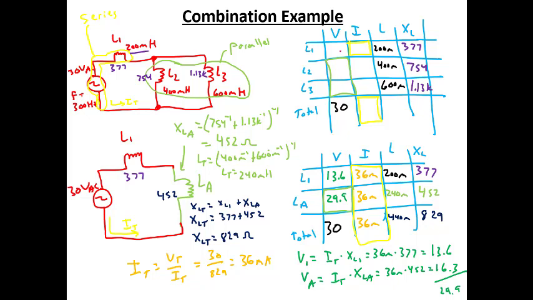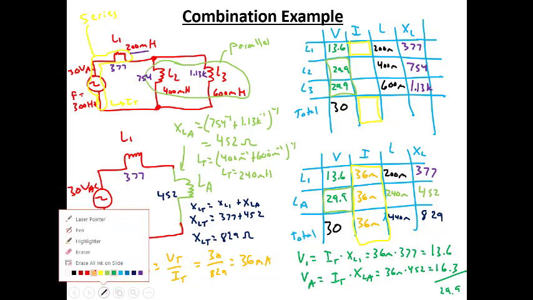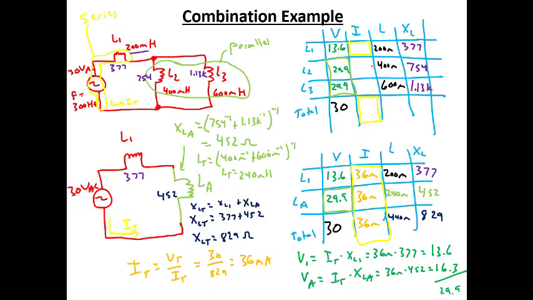All right, so now I can transfer this up. This one would be 13.6. This would be 29.9. I can bring up the currents. So this would be 36 milli and 36 milli.